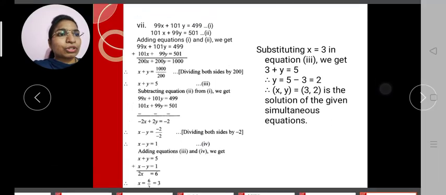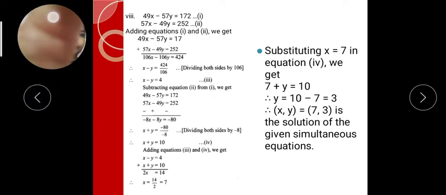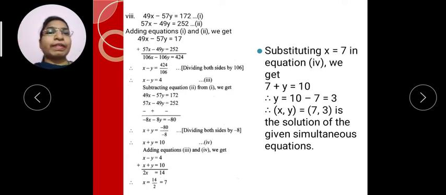Now the last question of this practice set 1.1. Listen, 49x minus 57y is equal to 172 and 57x minus 49y is equal to 252. Same equation like question number 7.